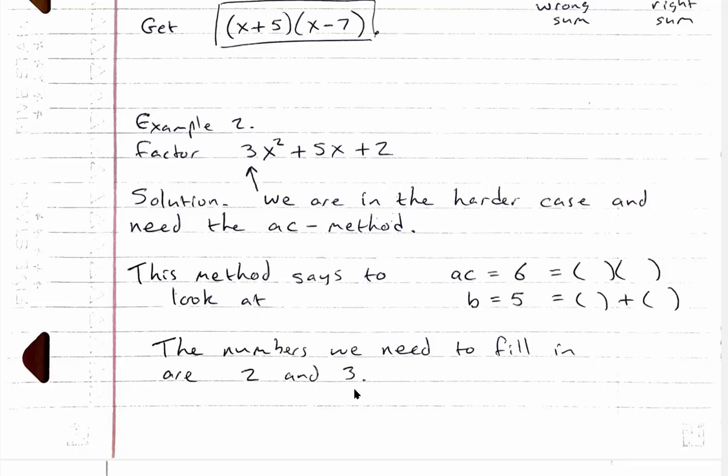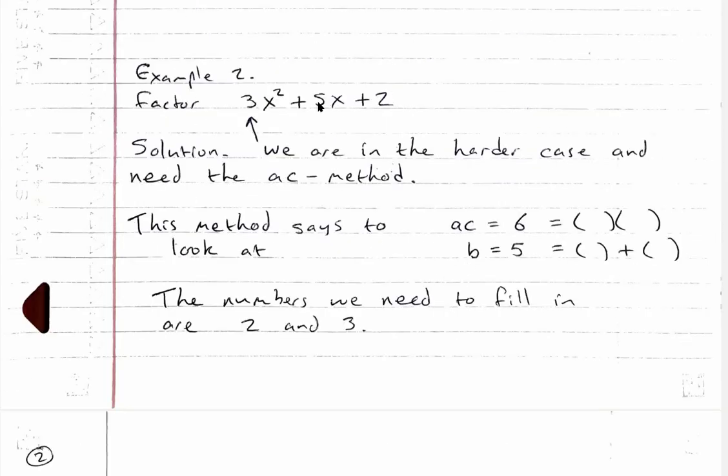So 2 and 3 are what we need. Again, that was fairly easy. We didn't need to play around with signs. But the answer is not x plus 2 times x plus 3. There's more work to do.